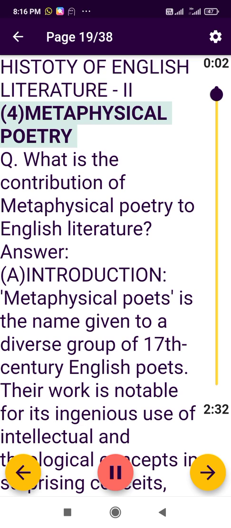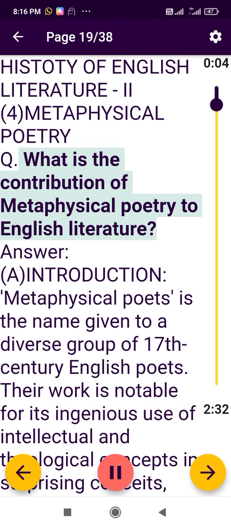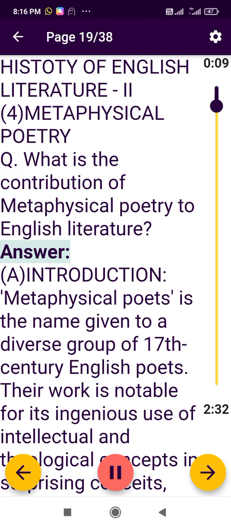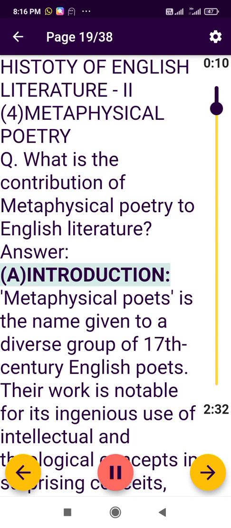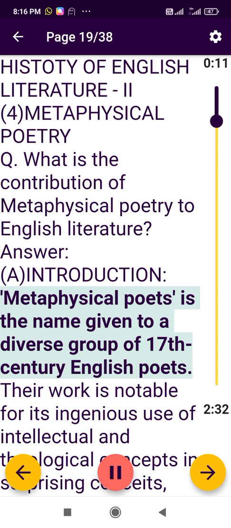4. Metaphysical Poetry. Q. What is the contribution of metaphysical poetry to English literature? Answer. A. Introduction. Metaphysical poets is the name given to a diverse group of 17th century English poets.